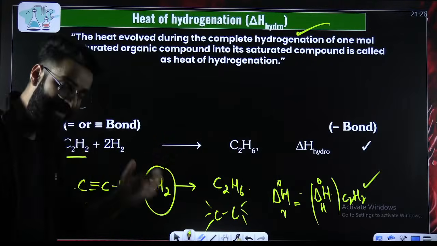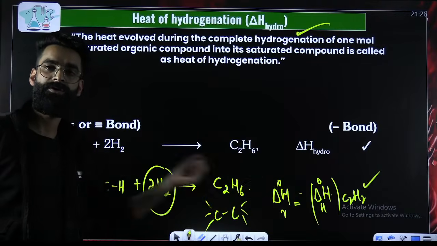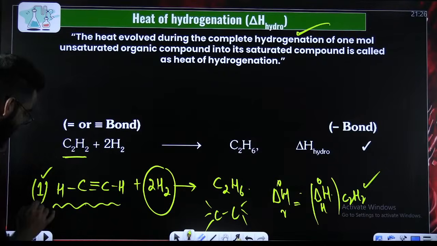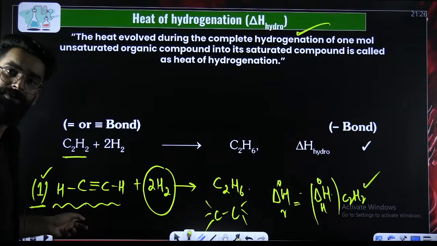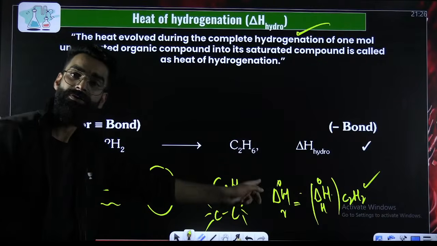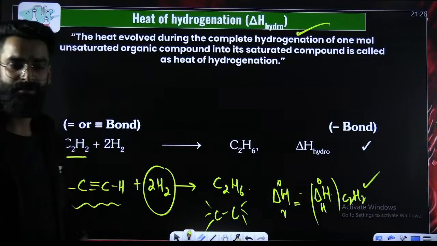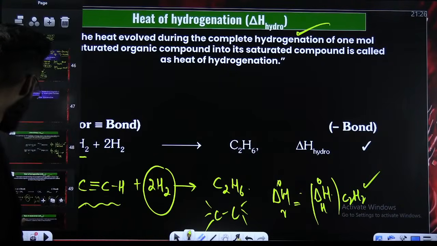So basically, in your mind, there should be one thing: you have to convert unsaturated into saturated with the help of hydrogenation. And remember, it has to be 1 mole of unsaturated organic compound converted into 1 mole of saturated organic compound. Okay? Perfect.